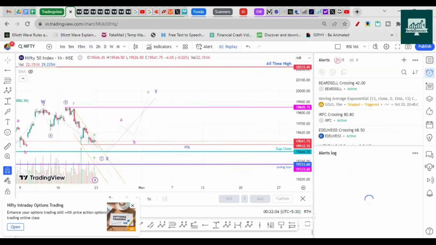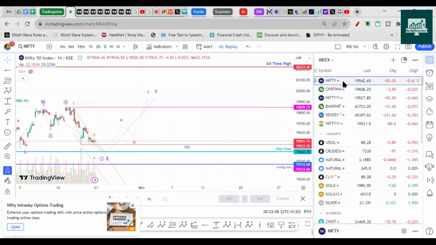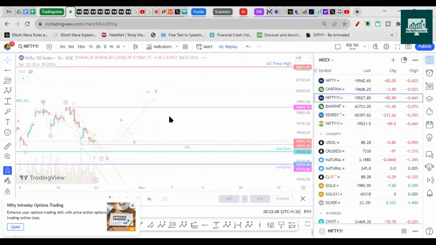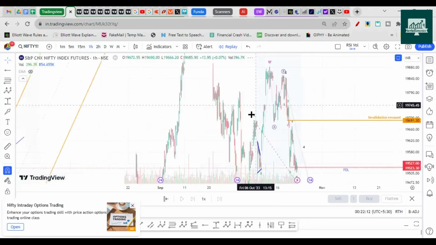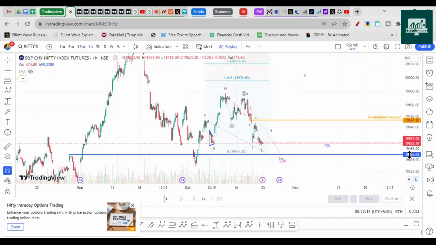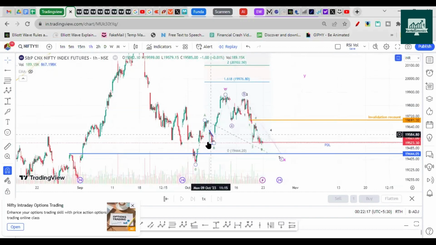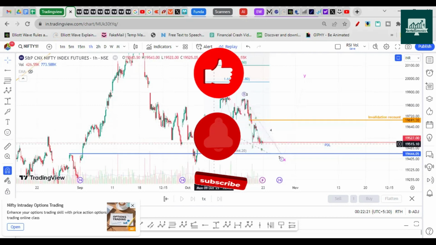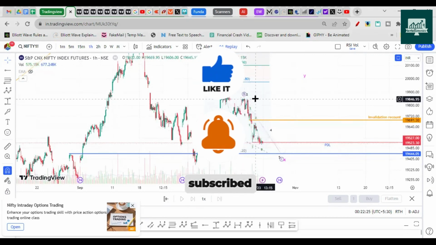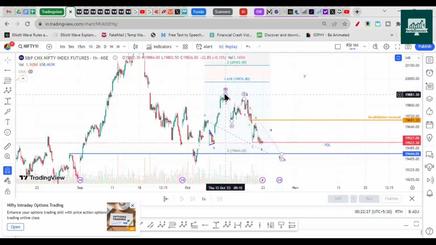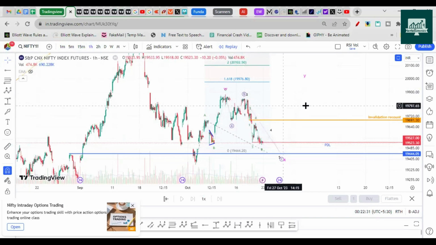So if you go and check Nifty's futures chart, this is how it looks, right? I had more confidence when I checked this chart of Nifty futures. Here it's clearly seen that this looks to be a triangle in a B wave and wave C headed higher. Even here you can see it didn't make a fresh high above the top of this W. So this is not a 5-wave structure here.